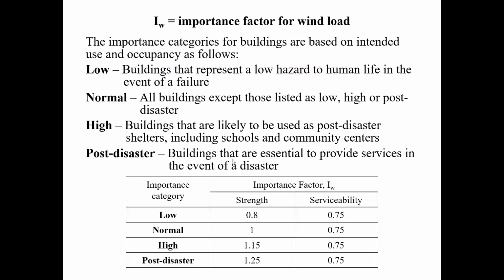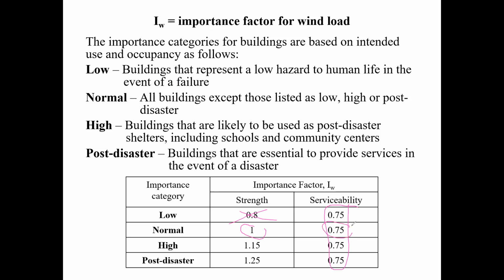Now what I'd like you to notice is here. They're saying that you can reduce all your loads by 20% when it comes to strength. Well, I won't reduce my loads by 20%. I will use 1. What I want you to notice is the serviceability, and that's where the value changes from strength to serviceability. You only take 3/4 of your specified load for serviceability, as opposed to what you do for strength. Keep that in mind.